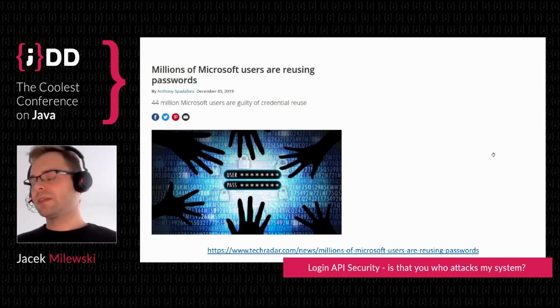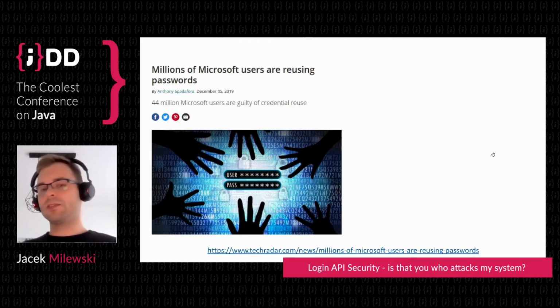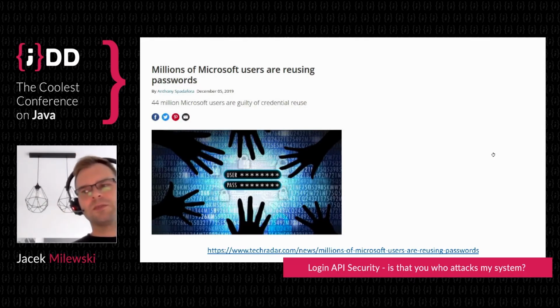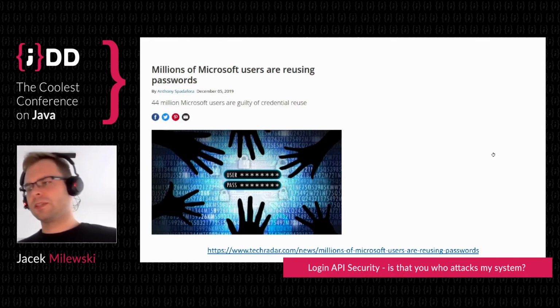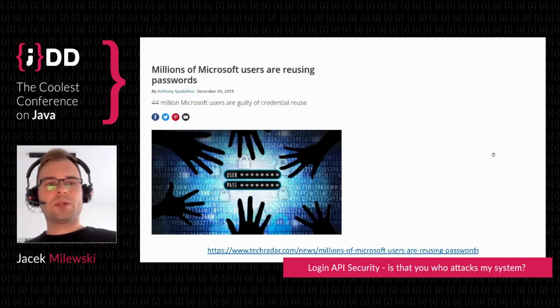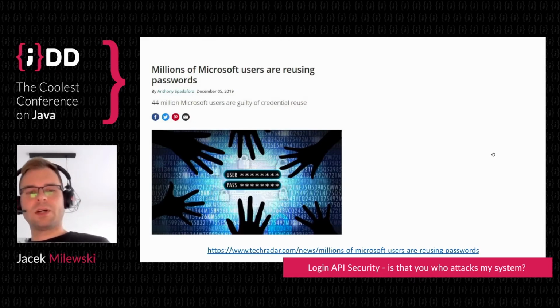So that means that they have the same login and password in Microsoft as in some other services. Services like some forums, some gaming forums, or some, let's say, fisherman forum or anything, that are maybe not as well protected as Microsoft accounts. So we can trust that Microsoft protects its users well, but there are leaks from other services.